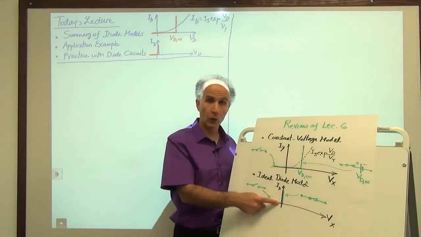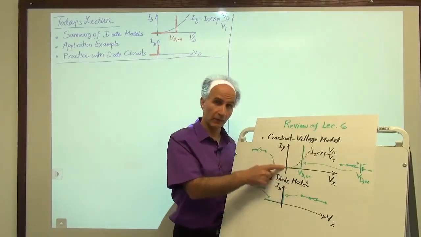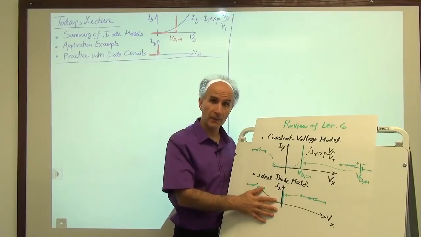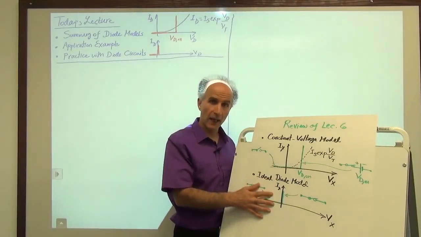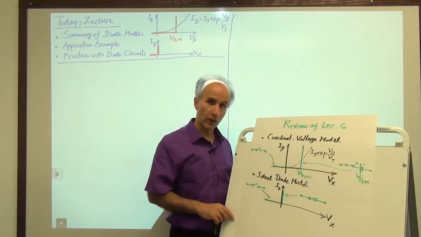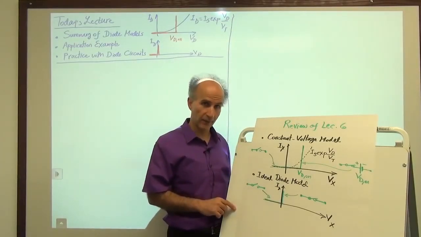So that's an even coarser approximation of this exponential behavior. Today we'll summarize these concepts and look at them a little more closely, and then talk about an application of diodes before jumping into some diode circuit analysis and practice.